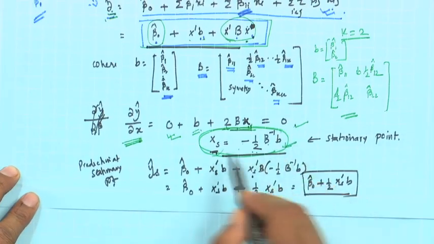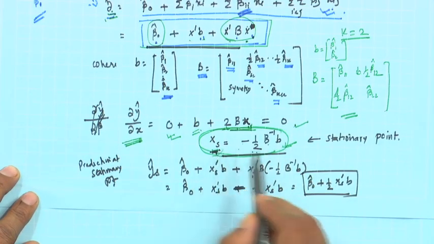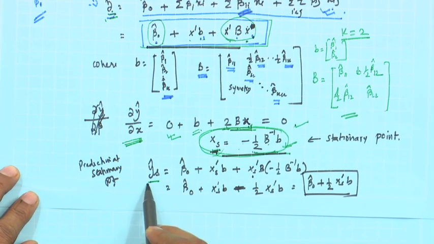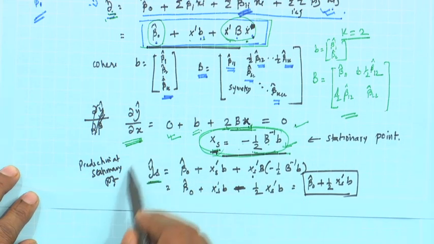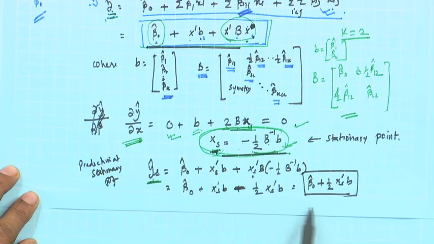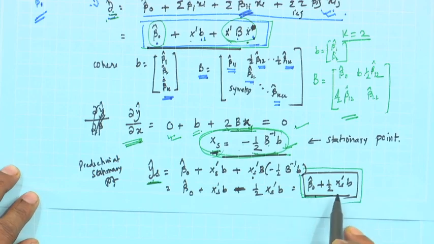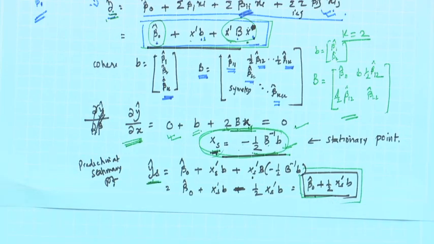Okay. Then using this x, you will be able to find that the predicted response at the stationary point will be like this, that is beta 0 plus half of x transpose b.